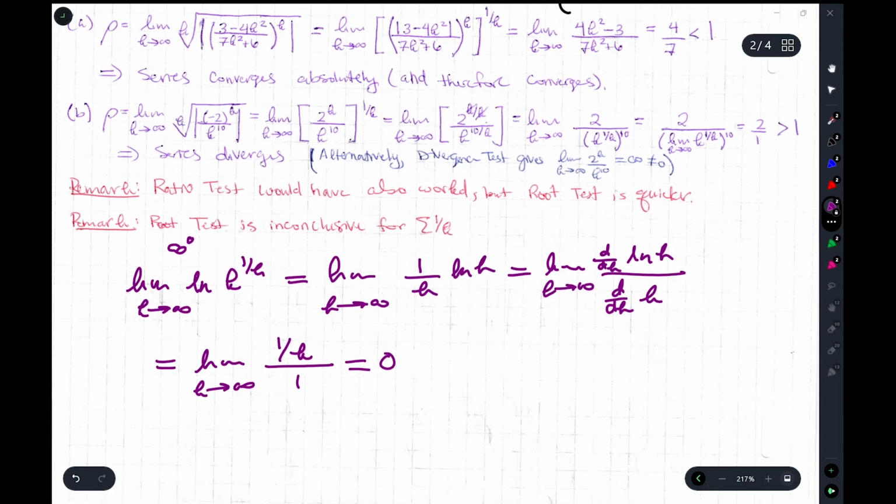And so our limit of the original series, limit as k goes to infinity of k to the 1 over k, is equal to e to the 0, or 1. We use that property up here, and you would get a similar term for doing the harmonic series, and so you get 1. That just shows that the root test is inconclusive as well.